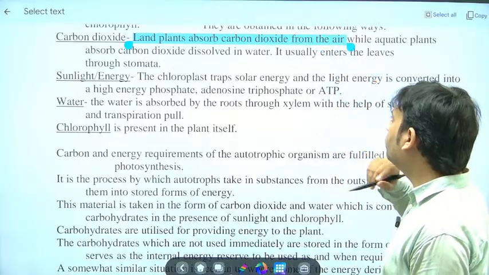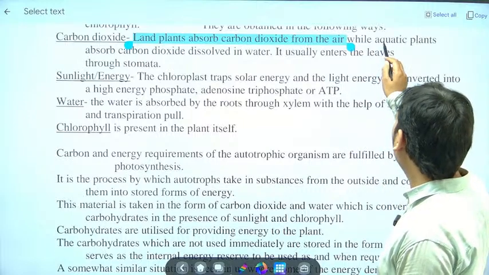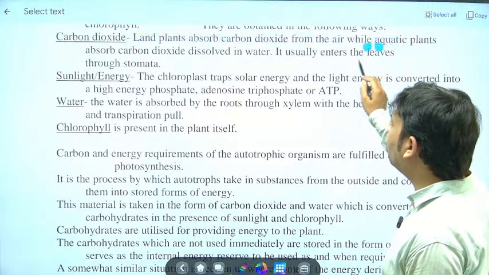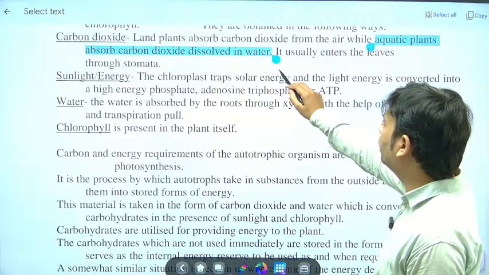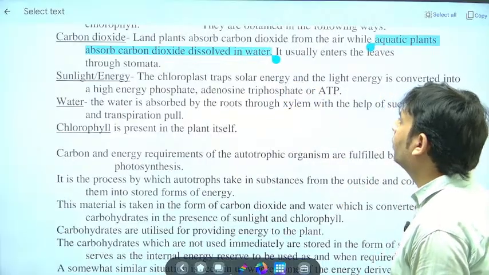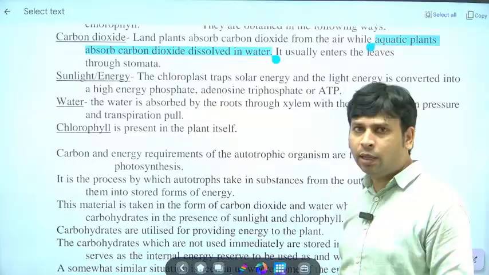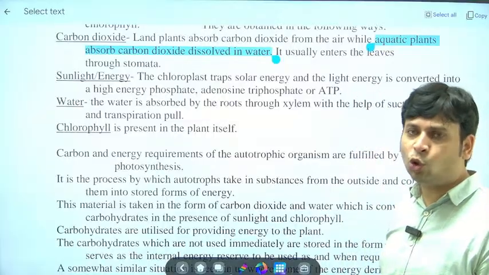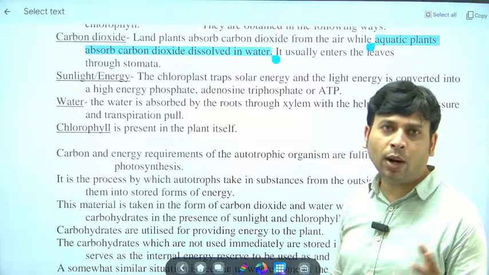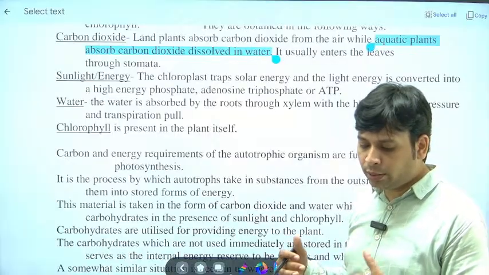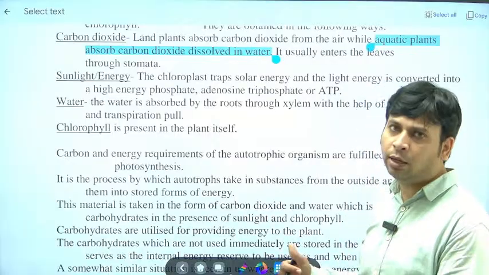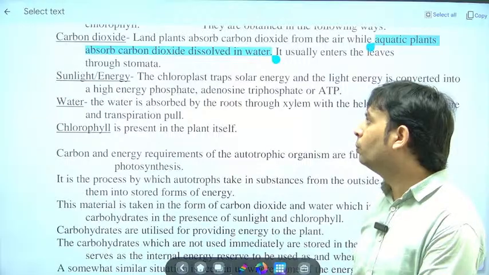All the land plants absorb carbon dioxide from the air, while aquatic plants absorb carbon dioxide dissolved in water. And it enters the leaf through stomata. What is stomata? What is the structure of stomata? We will discuss that later in this video.